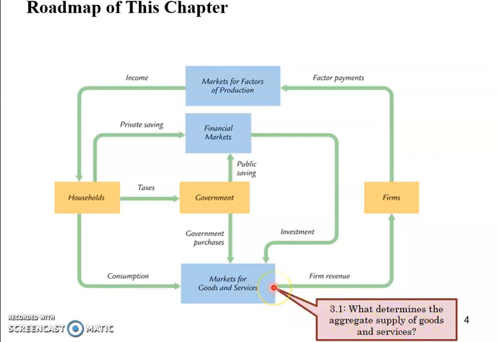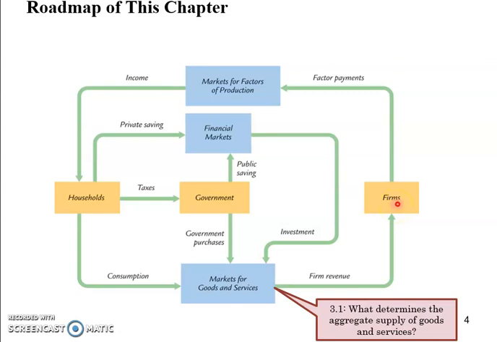By the way, aggregate means total, means gross. Once we understand the gross supply of goods and services, how much we need, then the firms would start organizing the production.